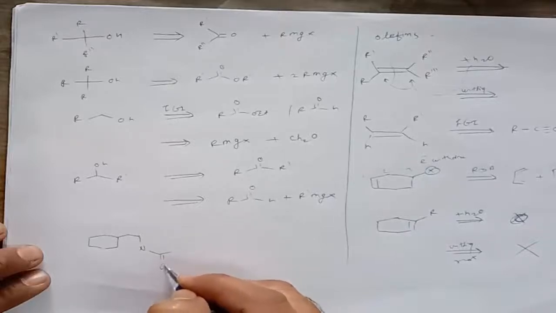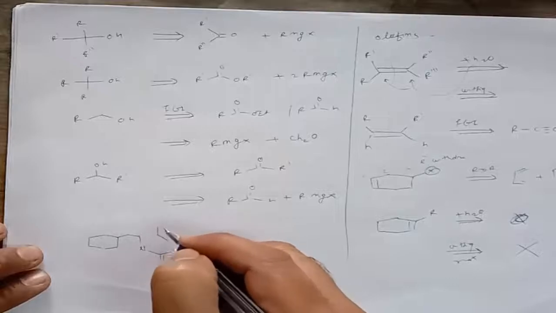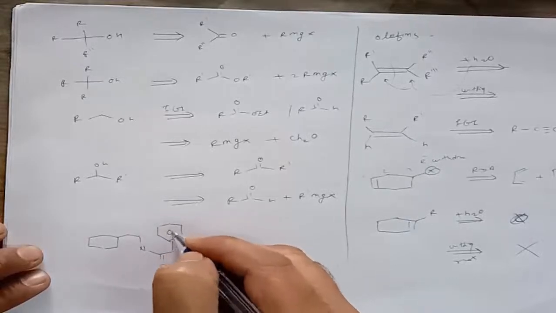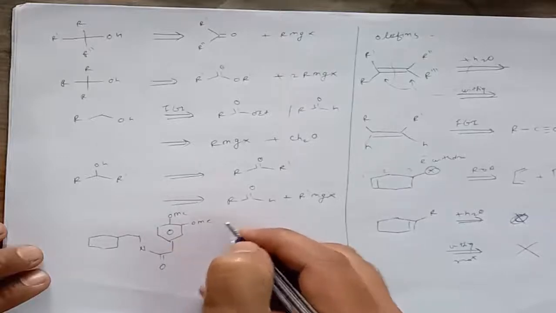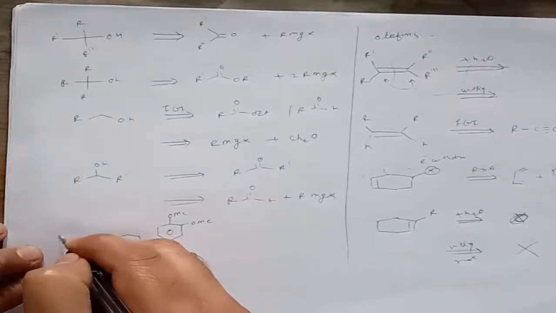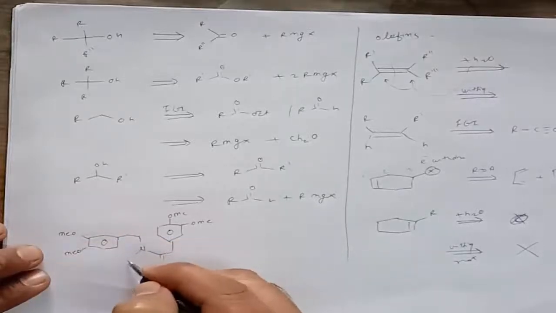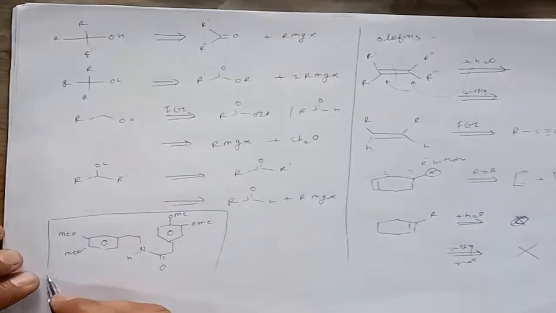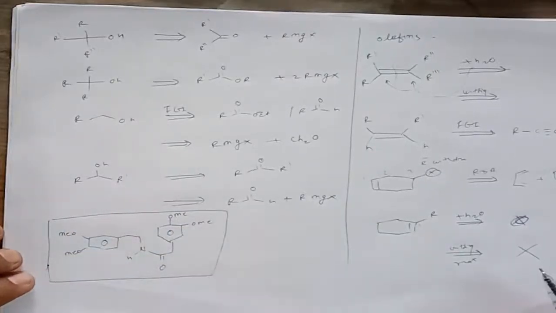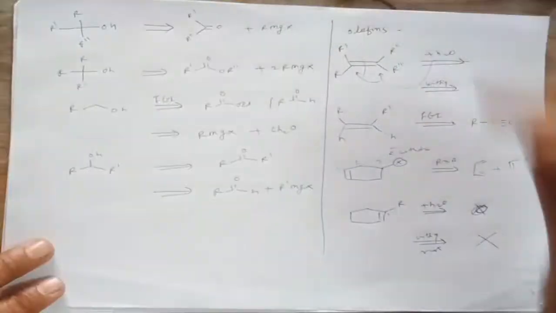This is quite a different molecule, and you have to try the retrosynthesis for it. Here is OMe, here is a benzene ring, here is MeO or OMe, and nitrogen is contained. You have to try the retrosynthesis for this molecule and submit it, and if there are any changes I will suggest them. So friends, let us stop here.